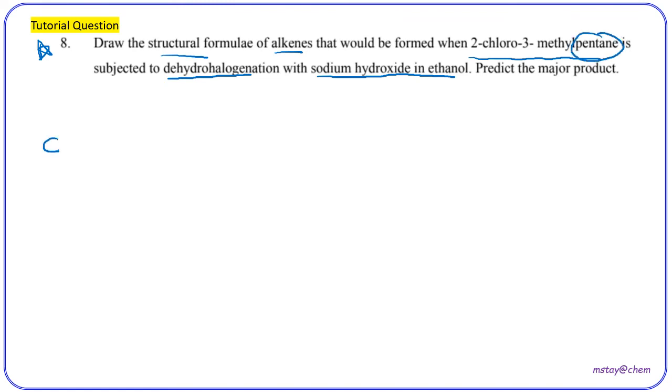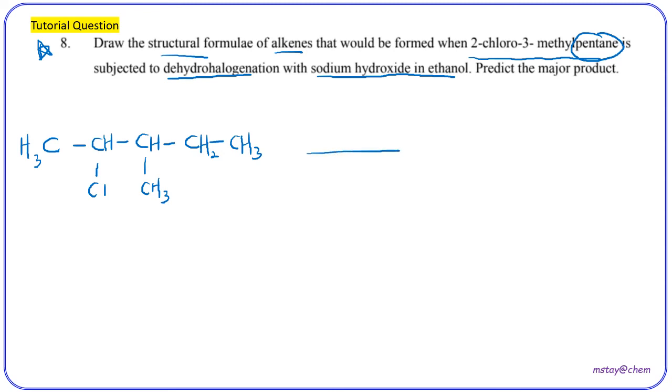So start from the parent name as usual. Pentane has 5 carbons, 1, 2, 3, 4, and 5. 2-chloro-3-methyl. So complete this one, CH3, CH, CH, CH2, and CH3.